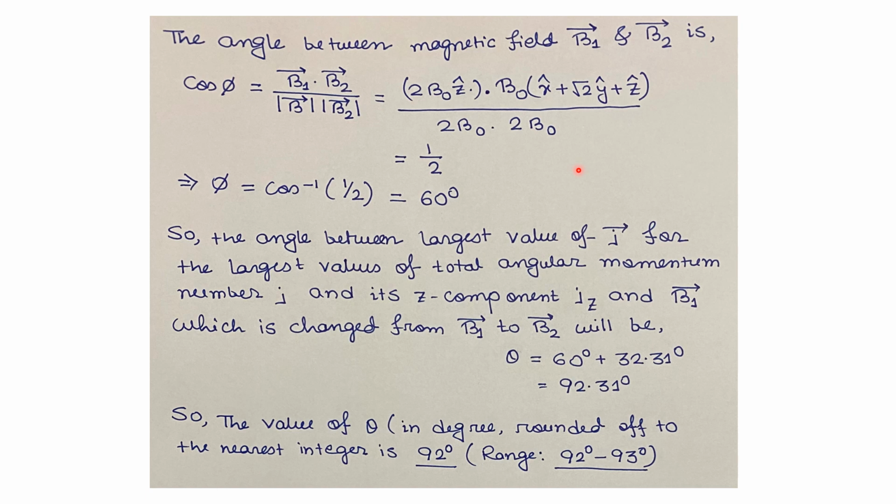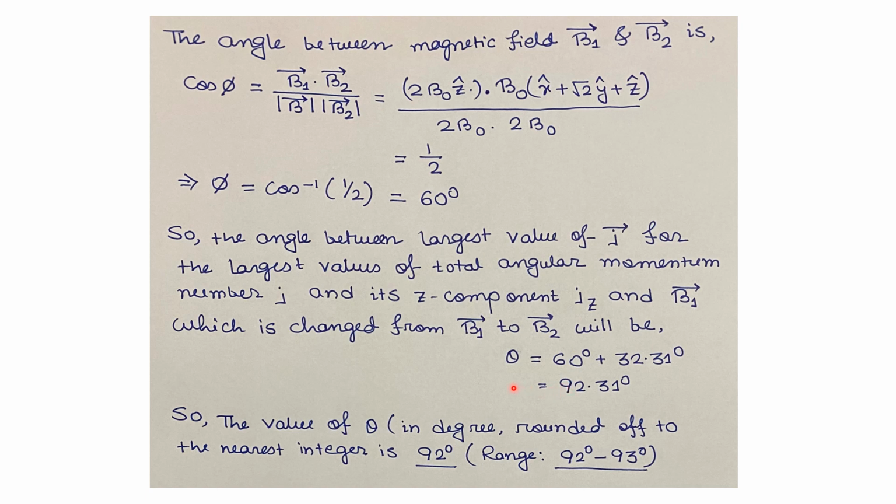Previously it was at an angle of 32.31 degrees with the B1 vector. So the angle between the largest value of the total angular momentum number j and its z component jz and the B vector, which is changed from B1 to B2, we have to add the old angle, that is 32.31 degrees, with the angle between B1 and B2, that is 60 degrees.